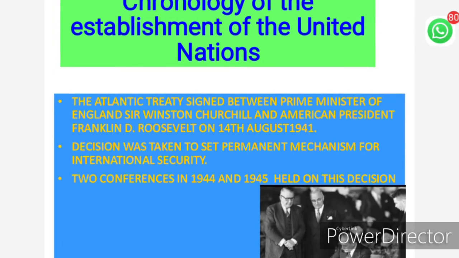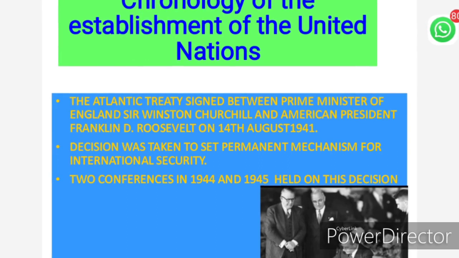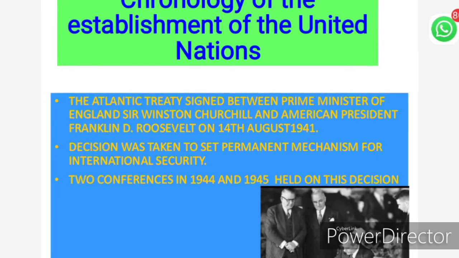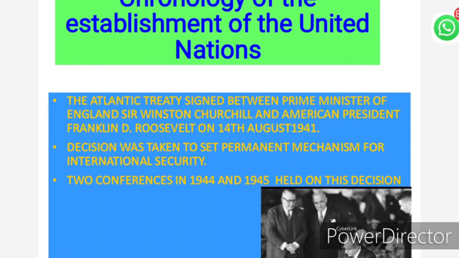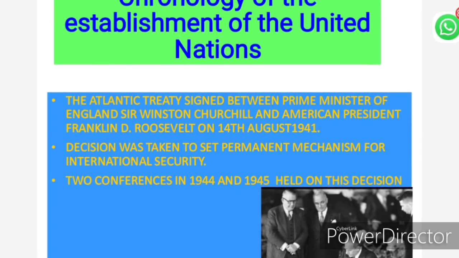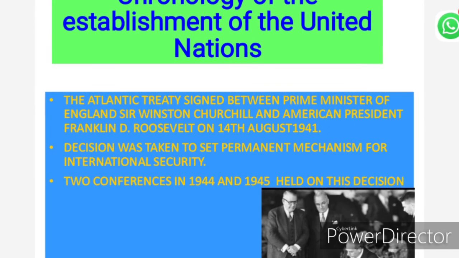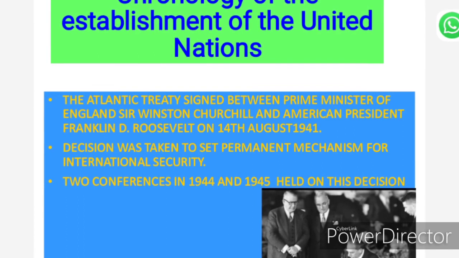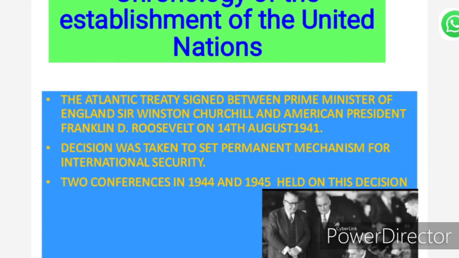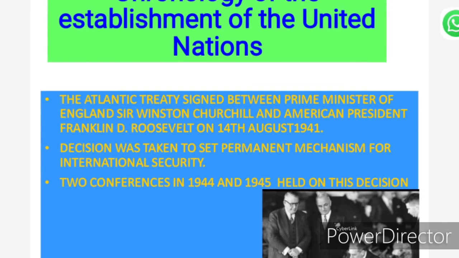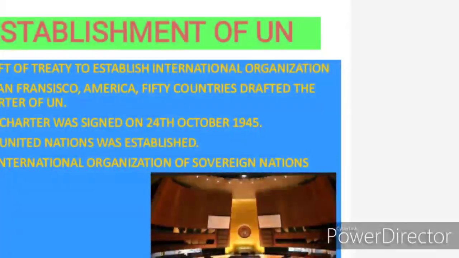According to this treaty, a decision was taken to set up a permanent mechanism to establish international security after the Second World War was over. Detailed discussions followed on this decision in two conferences among Allied powers in 1944 and 1945, and a draft of the treaty to establish an international organization was prepared.